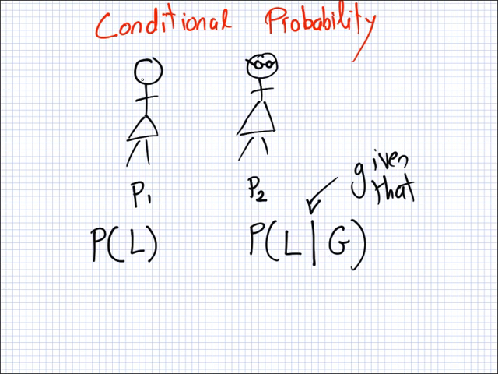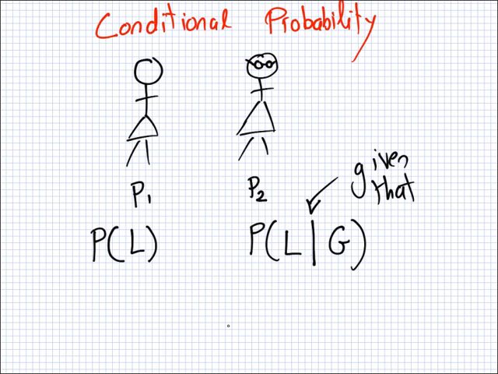Maybe the first person has glasses, but they're just not wearing them. You don't know if they have glasses or not. All you know is they're not wearing their glasses if they do have them. So it's not even right for me to say that this first person is a person without glasses. Just know that they are not wearing them right then. So this is called a conditional probability.